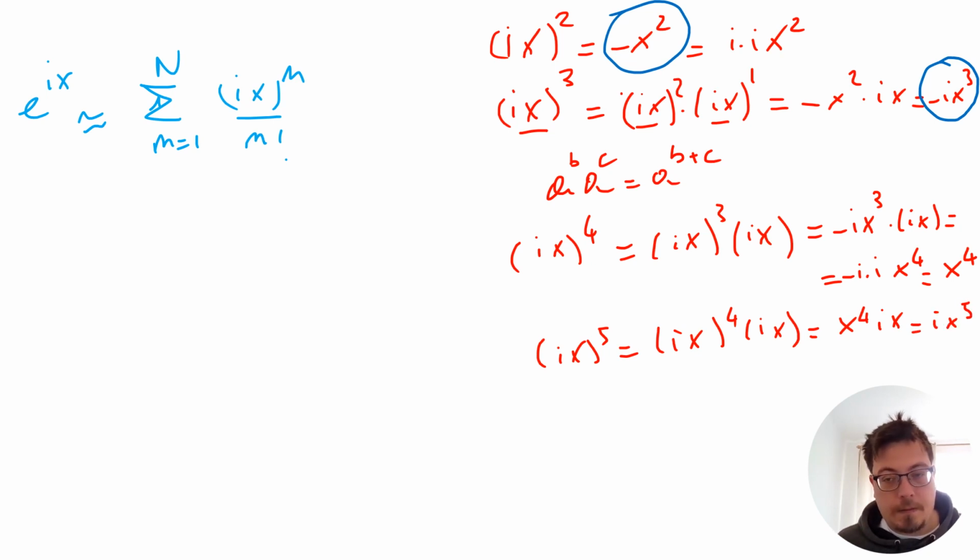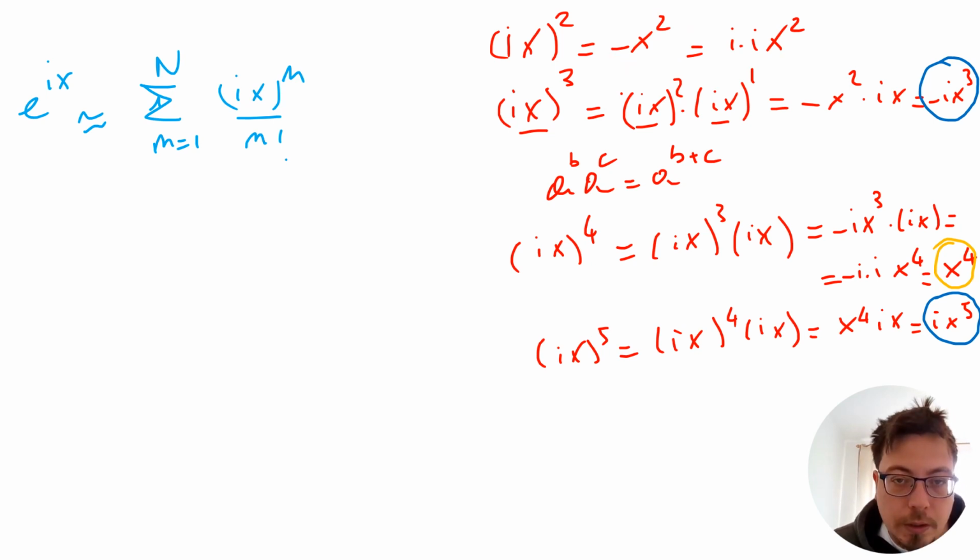Now, this is i to the 5, this is minus i cubed, while this one is x to the 4, and this is x to the second power. Okay, there is something happening here.